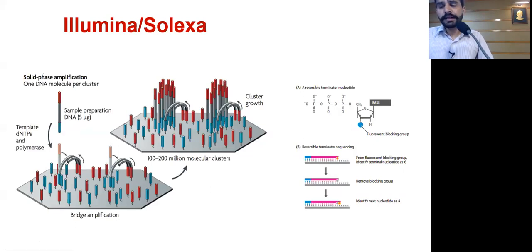This is a cycle that takes place hundreds of times, and a cluster like that appears on the cell, and later on sequencing takes place. For sequencing, we have nucleotides that are labeled differently. All four nucleotides are labeled differently. Whichever nucleotide is incorporated gives off light of a different color, and that light is detected by a detector. And this is how we perform sequencing by Illumina.